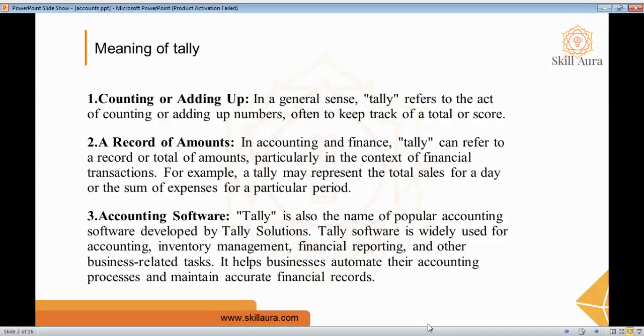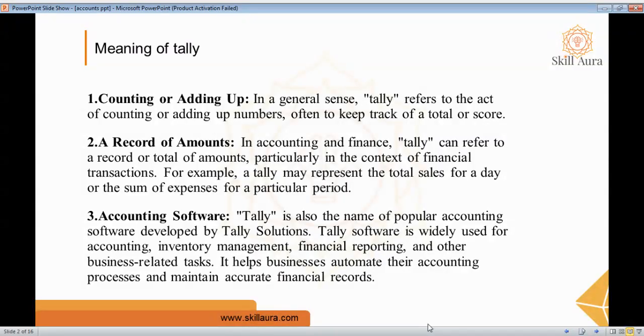Here the amount will be debited to the purchase account for 50,000 and credited to the supplier's account for 50,000. And the next one is sold goods worth 75,000 to a customer. Here you have to debit the customer account 75,000 and credit a sales account 75,000.